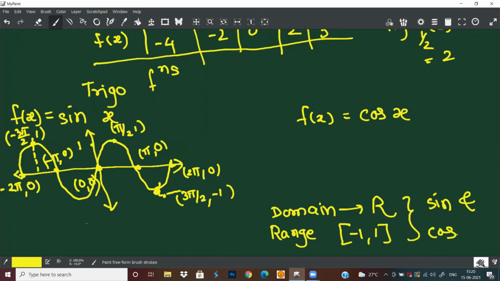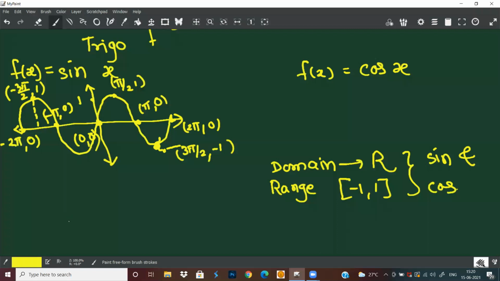Last time in the number line I had shown, but you remember कौन कहाँ रहता है? You know cos 0, 1 रहता है. ये 1 है तो 0, 1. Cos 90 0 है. Cos π is -1.